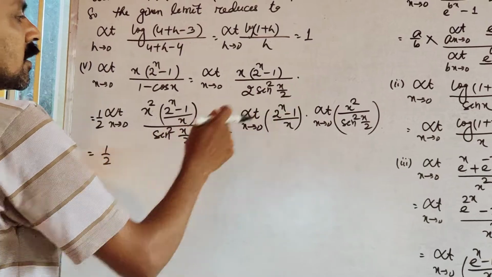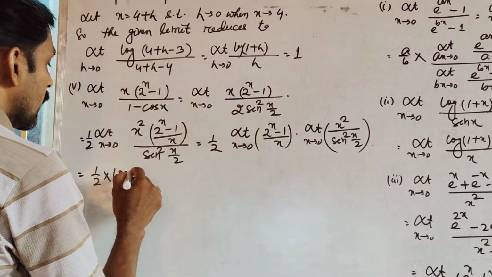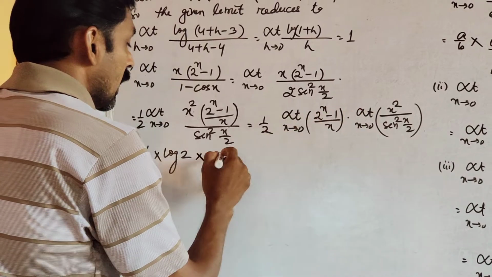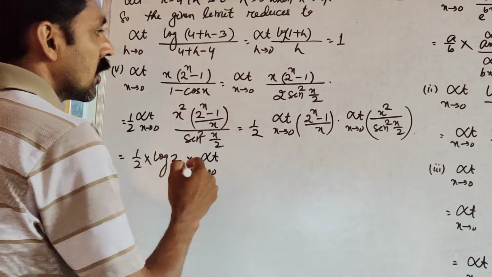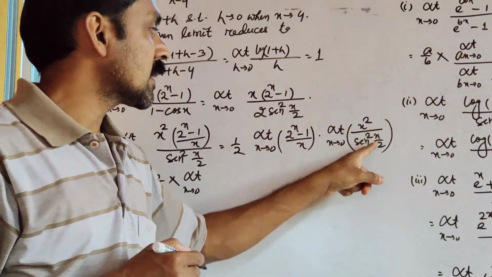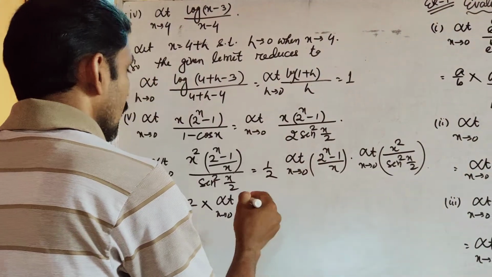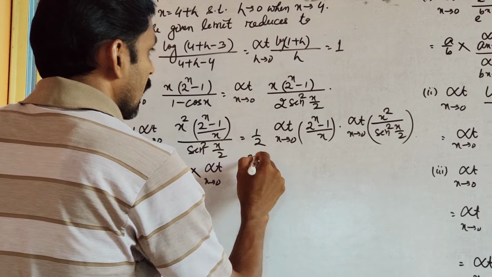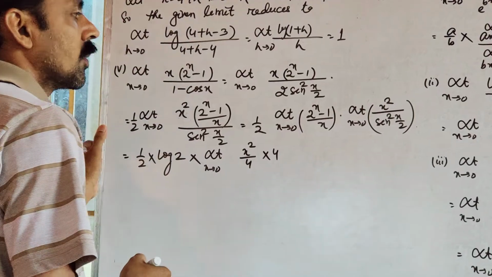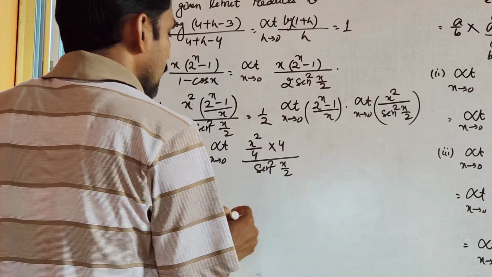Now here what will we do, I have already told that this value and this value must be the same. So here x by 2 is there, here x square is there, so here we write x square by 4 into 4, you multiply and divide, by sin square x by 2.